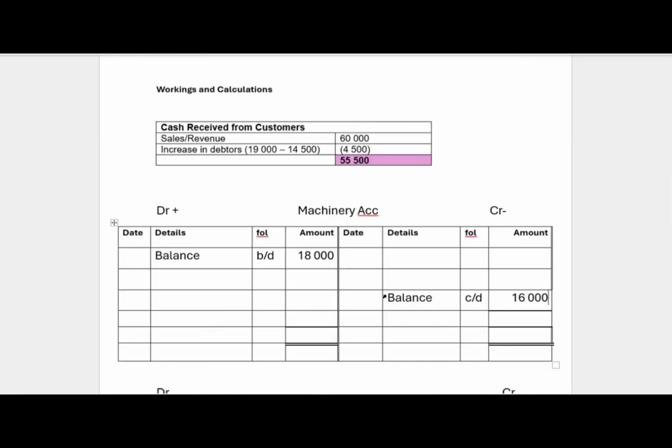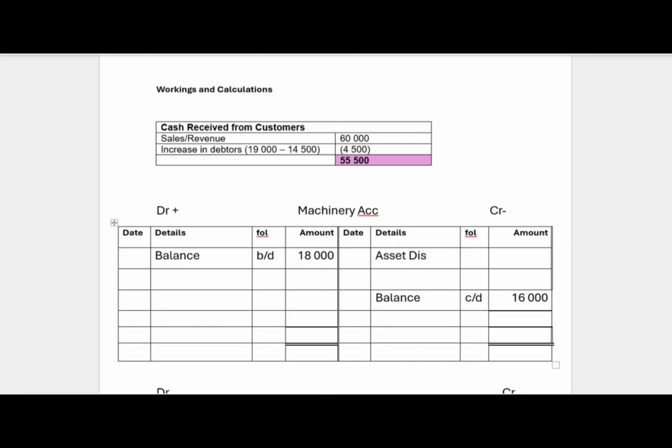There you are going to say there's an asset that was disposed. So you're going to say asset disposal there, because when they sell the asset, it means they are disposing it, they're taking it out of the business, right? So we need to account for it, because whenever an asset decreases, remember we credit.